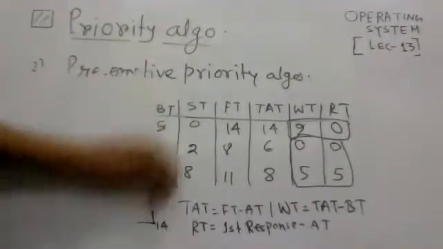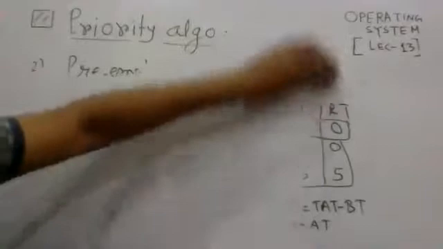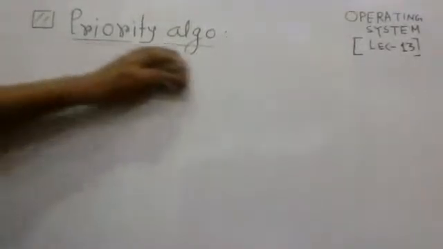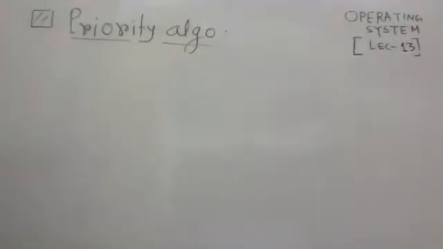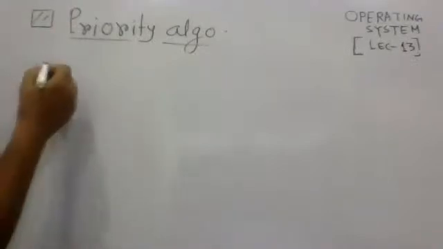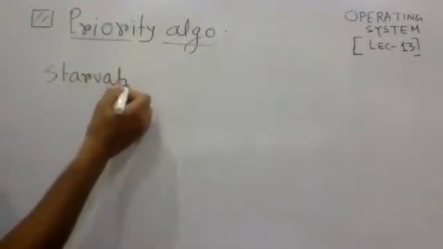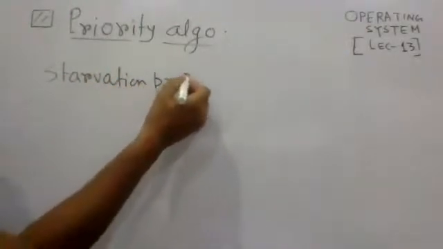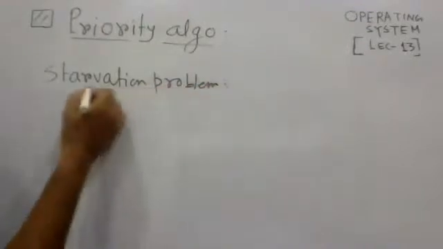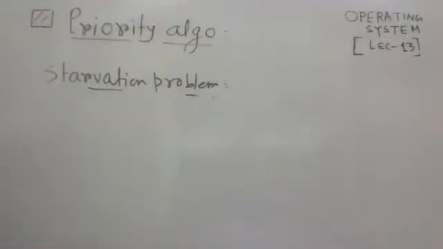Now see, in this particular priority algorithm, we have a major problem, and this problem is called the starvation problem. A major problem with priority algorithm is starvation or indefinite blocking.